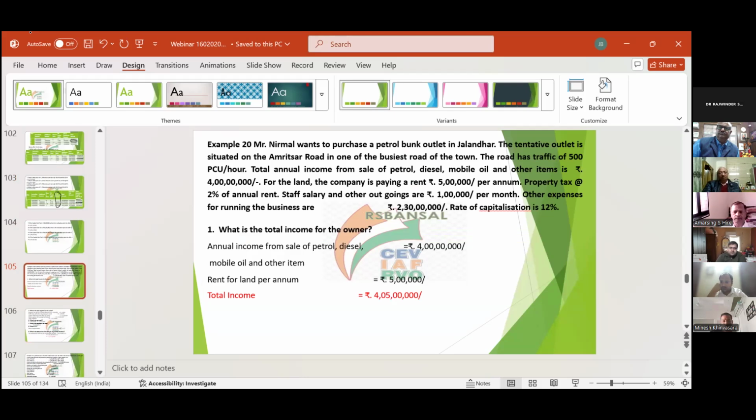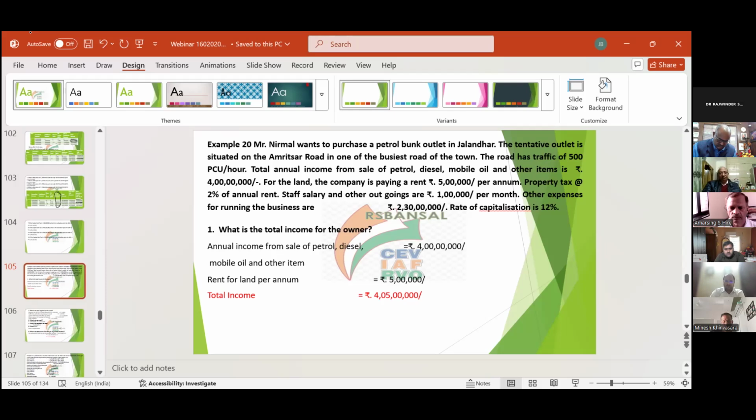Mr. Nirmal wants to purchase a petrol bunk outlet in Jalandhar. The tentative outlet is situated on Amritsar Road, one of the busiest roads of the town. The road has a traffic of 500 passenger car units per hour. The total income from sale of diesel, petrol, mobile oil and other items is rupees 4 crore.